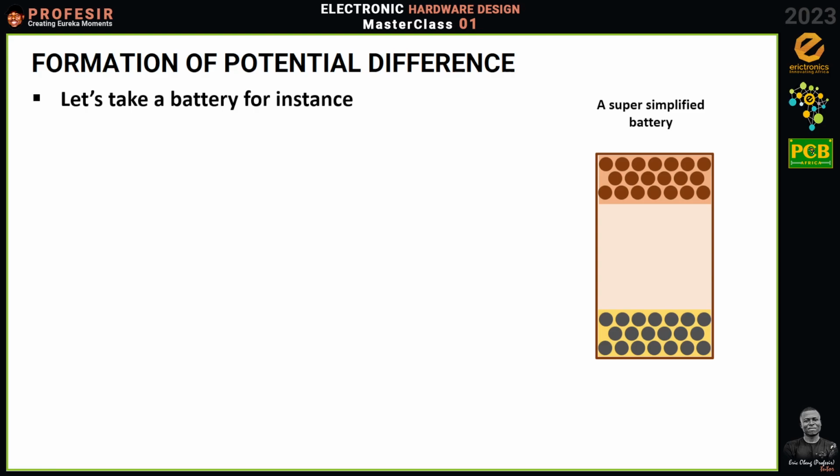Is that okay? So if we take a battery for instance, and for now this is my simplified battery model, right? This area you have here with the brown circles, that's going to represent my positive charge zone, or the anode. So this for now is the positive material.